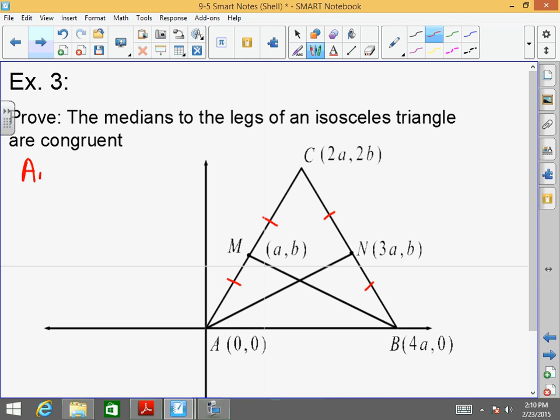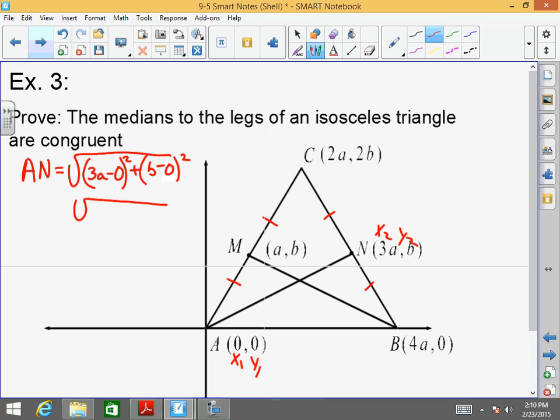So, AN, the distance of that is going to be label, label, label. X1, Y1, X2, Y2. So 3A minus 0 squared plus B minus 0 squared. That is the square root of 3A squared plus B squared, which is 9A squared plus B squared.